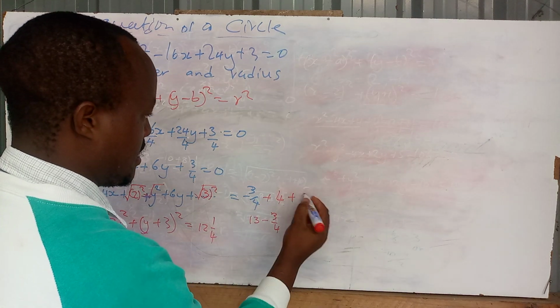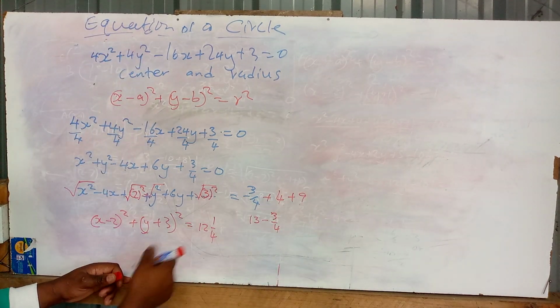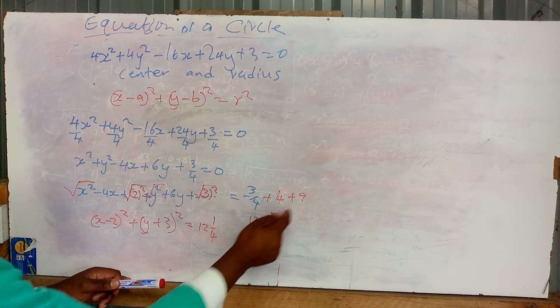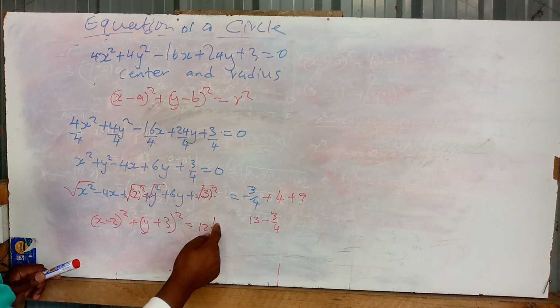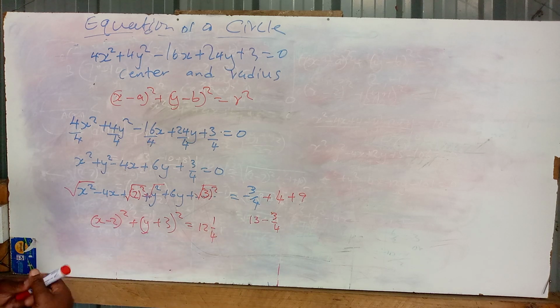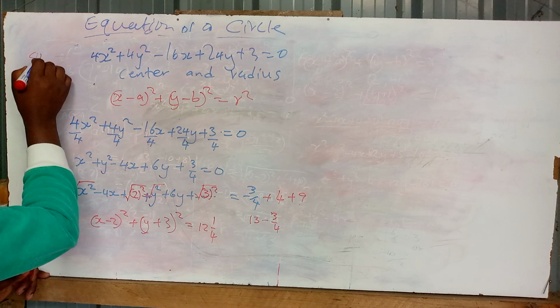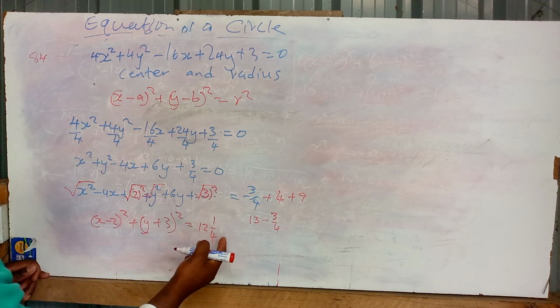Adding, we get 13 minus that, it will be 12 and a quarter.